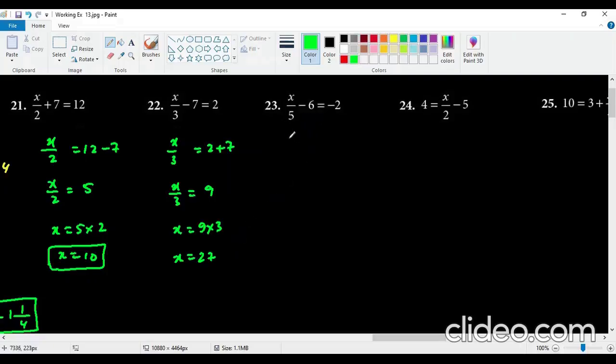Same thing, same operation, x over 5, this time it is minus 2, and it's giving us plus 6. So this gives us x over 5 equals 4, positive 4, and x equals 4 times 5 is going to give us 20.